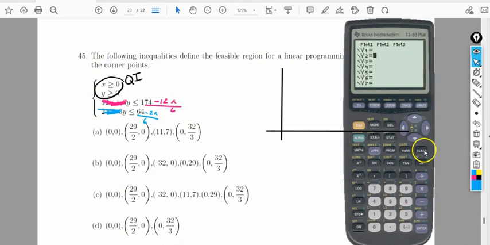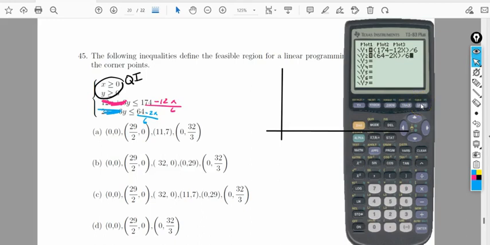So now I'm going to have parentheses 174 minus 12x, close parentheses, all over 6. And I'm not going to reduce it because I'm going to get the same line regardless of whether or not I reduce it. Parentheses 64 minus 2x, close parentheses divided by 6.